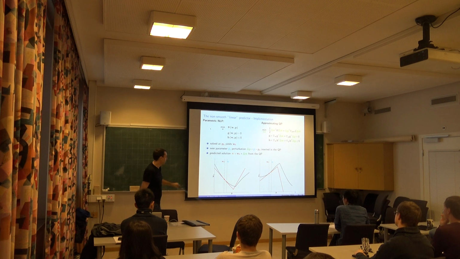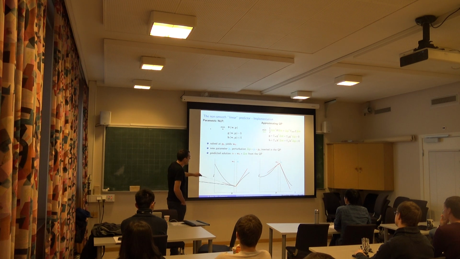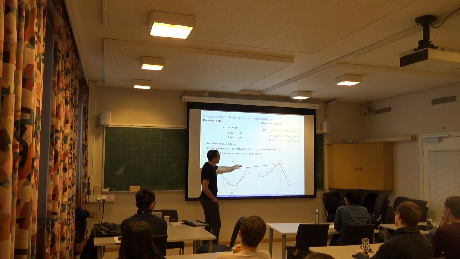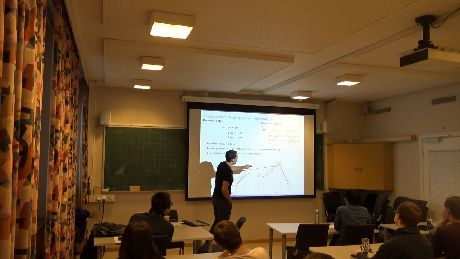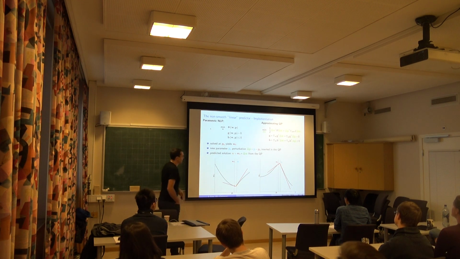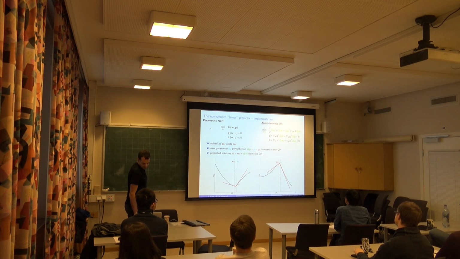And my QP predicts the next solution to be there, and so on and so forth. If I pass the corner, the QP is still good at predicting what will happen around the corner. So if I move from this P to that P, the QP is capable of predicting that there's a corner coming and the next solution will be actually here. So it remains accurate throughout the corners.